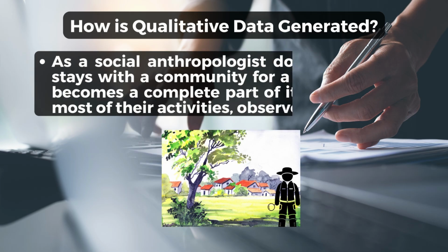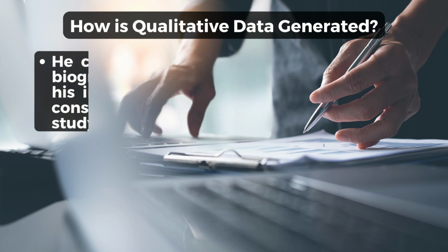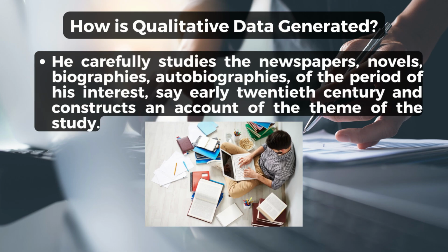Or maybe, as a social anthropologist does, a researcher stays with the community for a fairly long time, becomes a complete part of it, participates in most of their activities, observes and then records. Or maybe he carefully studies the newspapers, novels, biographies, autobiographies of the period of his interest, say early 20th century, and constructs an account of the theme of the study.